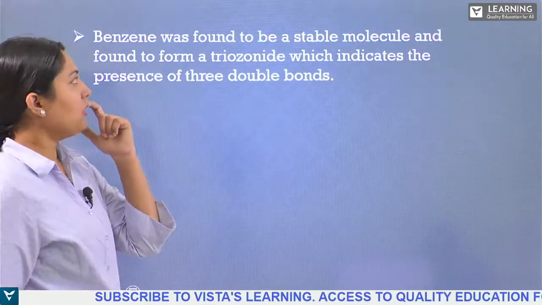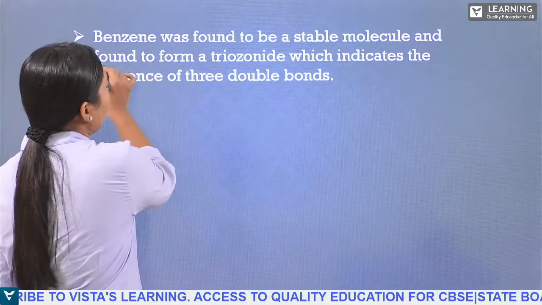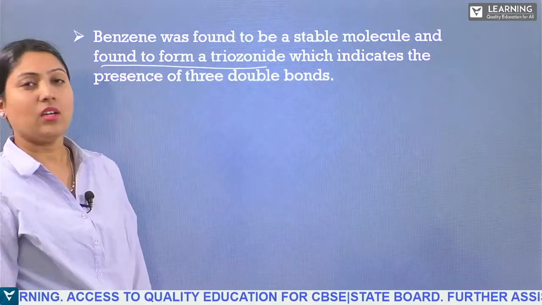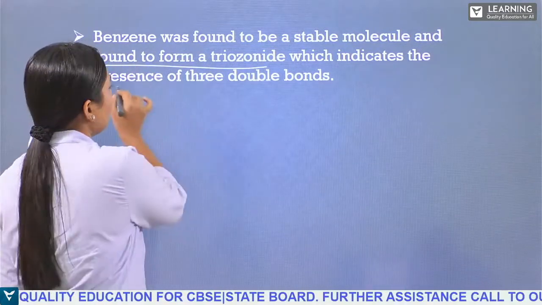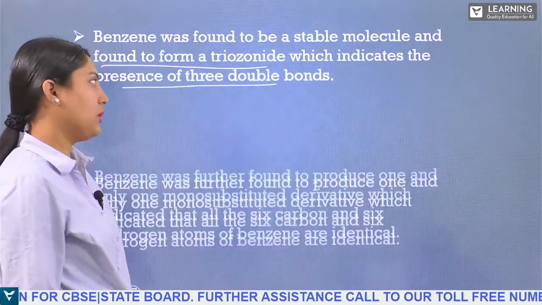So benzene was found to be a stable molecule and found to form a triozonide, which indicates the presence of 3 double bonds.